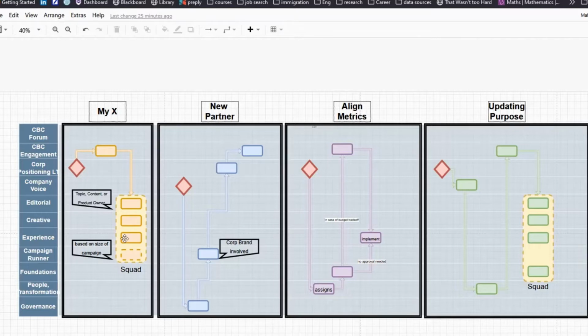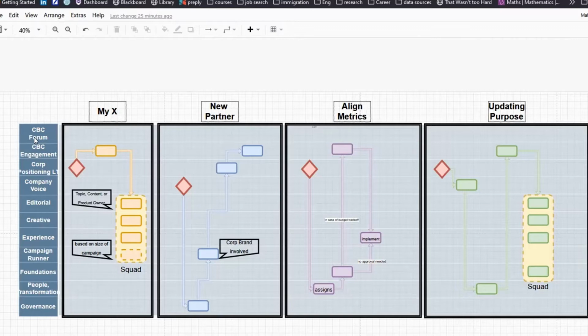So what I've done, these are the things that I really like about this, that you have called out teams, which is not something I see in swimlane diagrams very much.